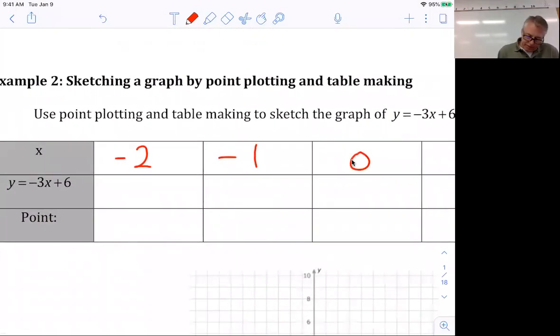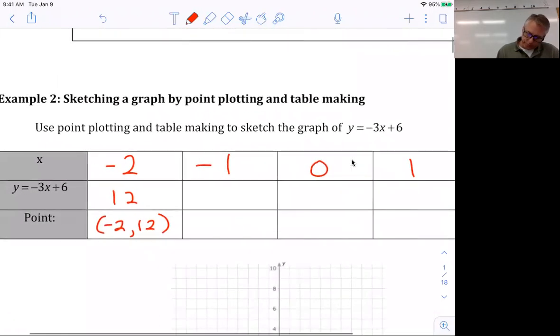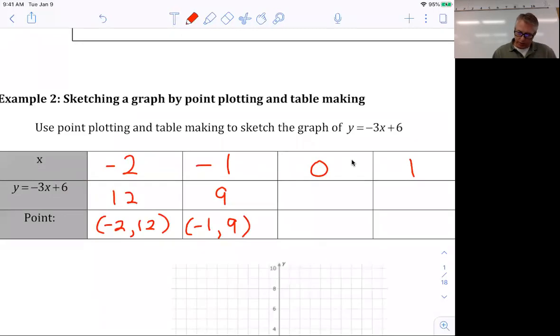When I plug -2 in for x, -3 times -2 is 6, plus 6 is 12, meaning (-2, 12) is a point on the graph. When we plug -1 in for x, -3 times -1 is 3, plus 6, which is 9. So (-1, 9) is a point on the graph.